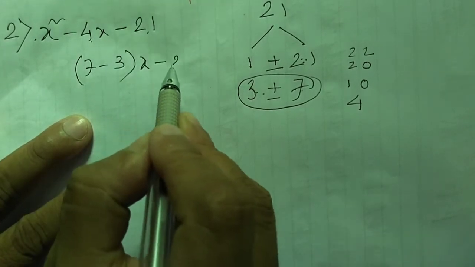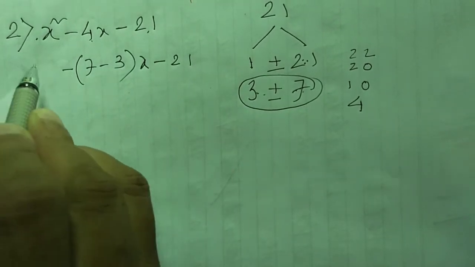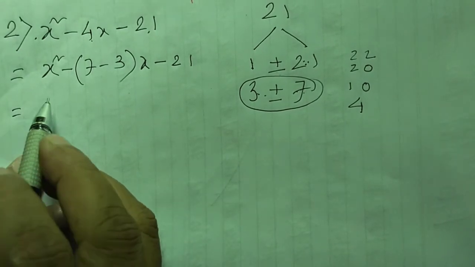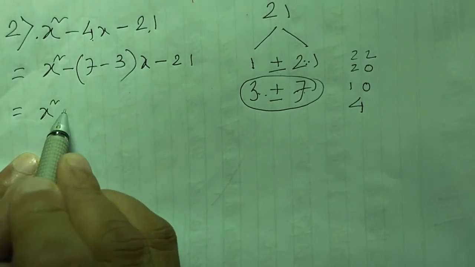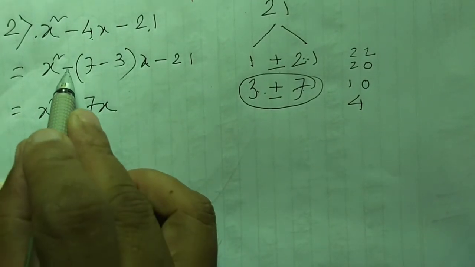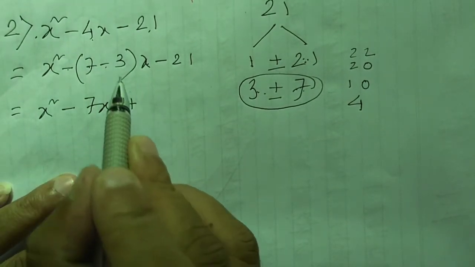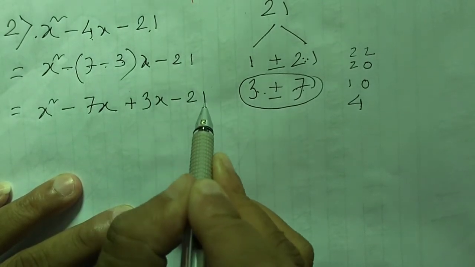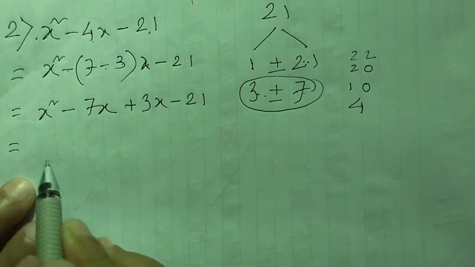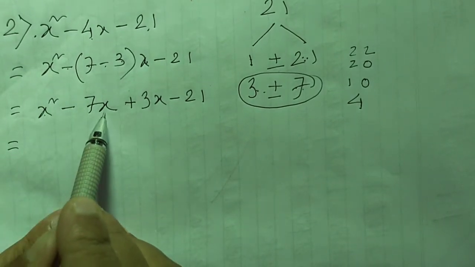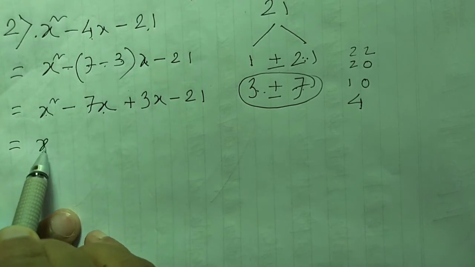X minus 21 minus x square. Got it? Now x square minus 7 into x, 7x, minus minus plus 3 into x, 3x, minus 21 equal to, now see, x square is there, here x is there, so we'll write x, the smaller one.